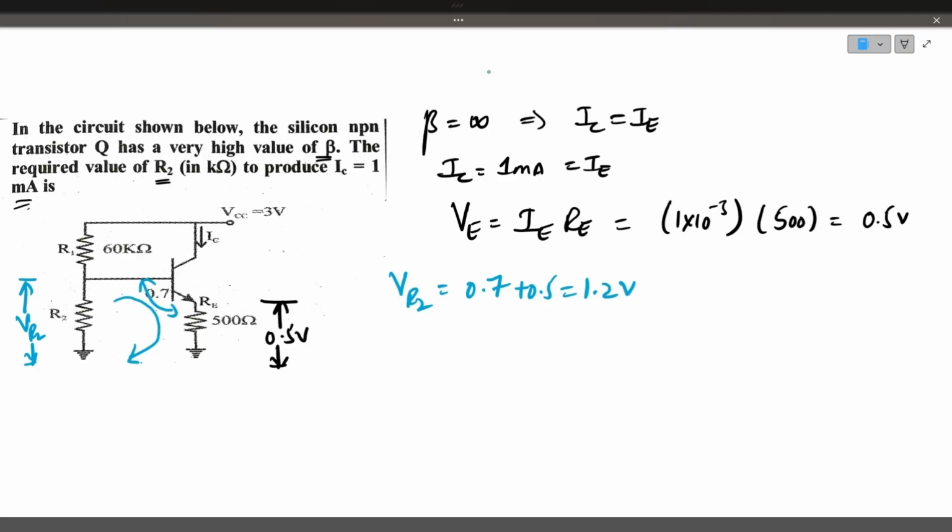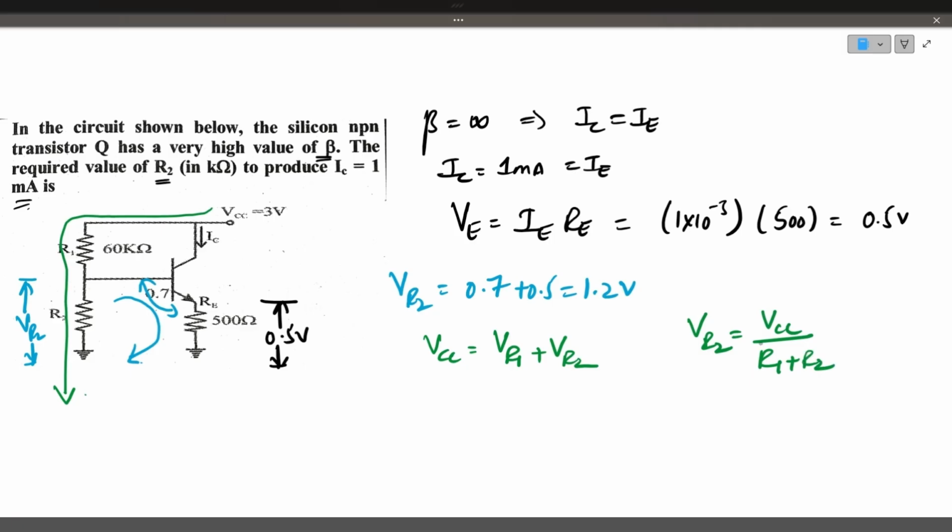Now you should apply Thevenin's theorem. If you take Kirchhoff voltage law here, you will get VCC is nothing but voltage across R1 plus voltage across R2. The voltage across R2 can be given as VCC divided by R1 plus R2, that is the current flowing through R2, multiplied by R2 resistance.